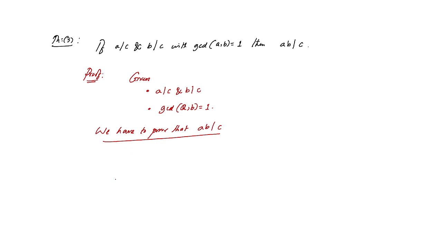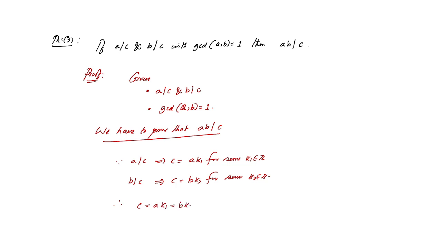Since A divides C, that implies C equals A K1 for some K1 belonging to Z. Again, B divides C, that implies C equals B K2 for some K2 belonging to Z. So therefore, C equals A K1 equals B K2.